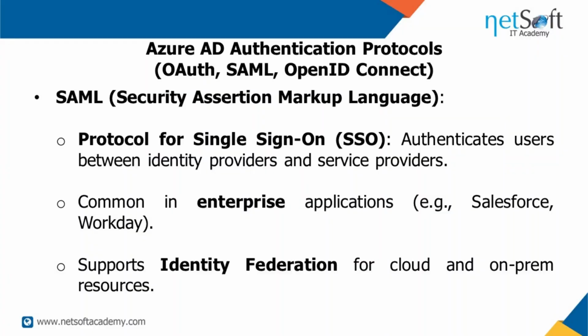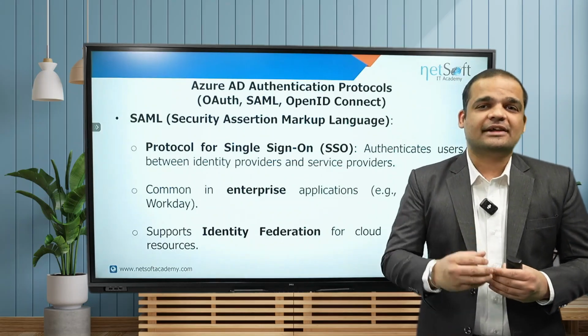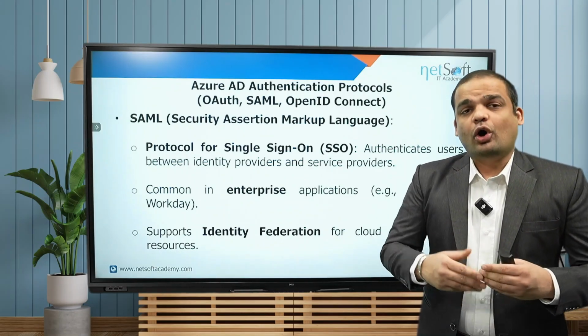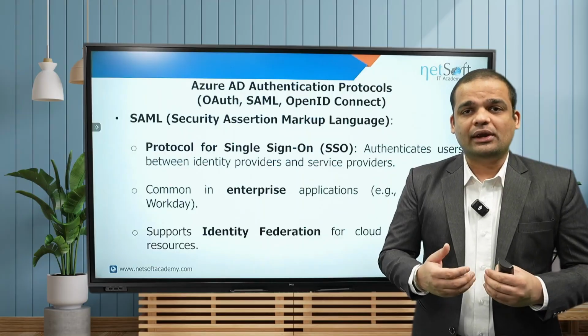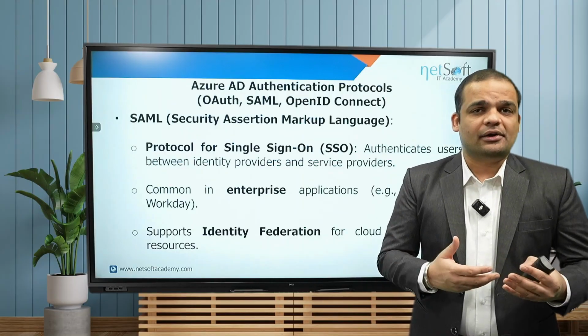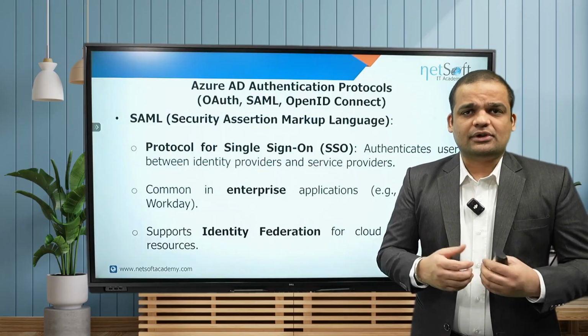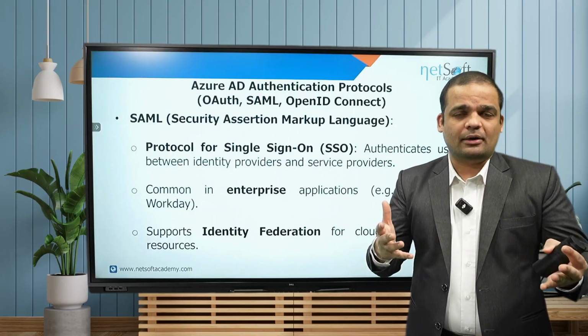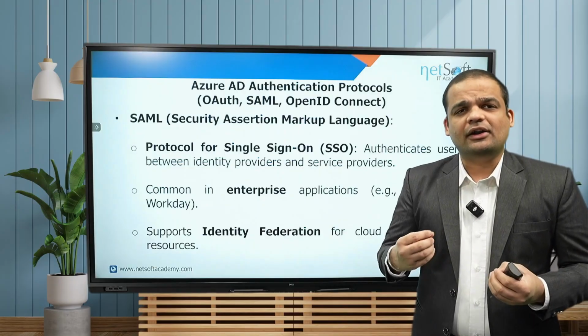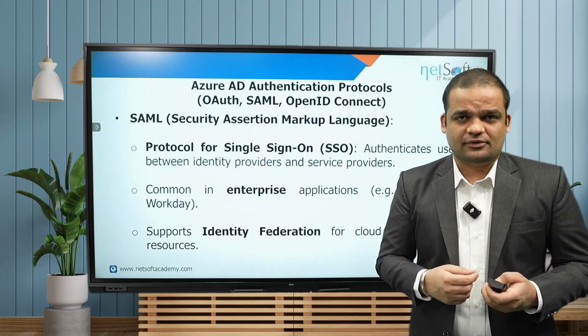The next is SAML. SAML is a protocol used for SSO, single sign-on, which authenticates users between identity providers and service providers. This is commonly used in many platforms, but it is widely used in enterprise applications.